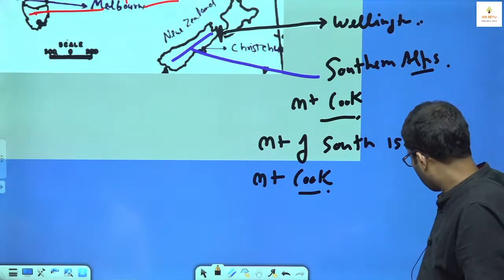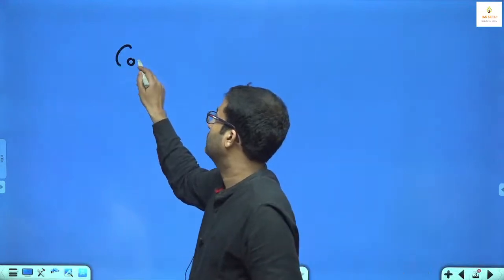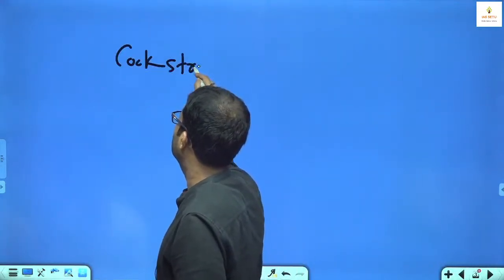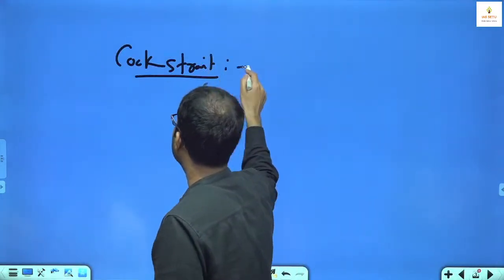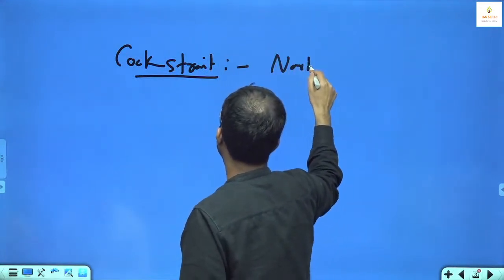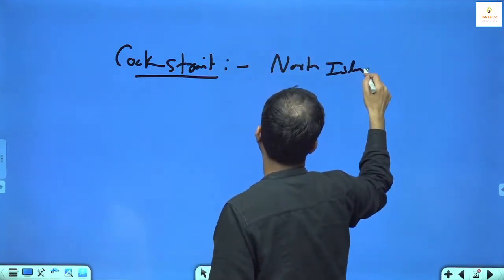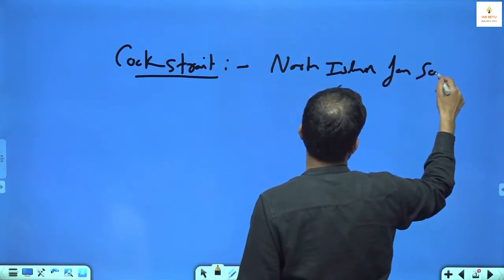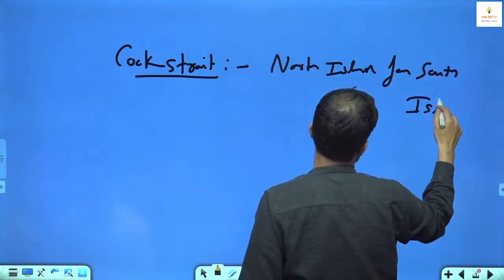The next is Cook Strait. It separates North Island from South Island.